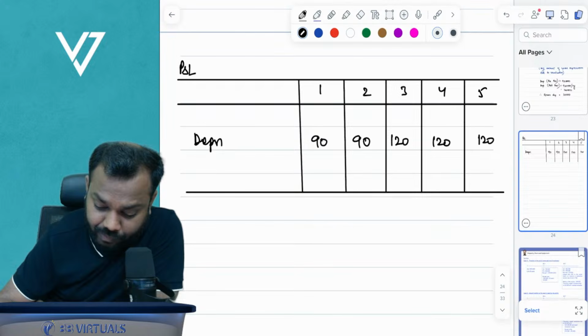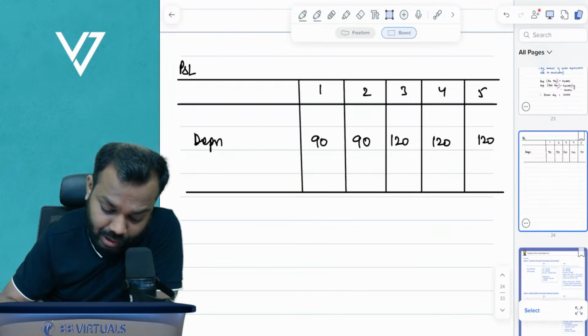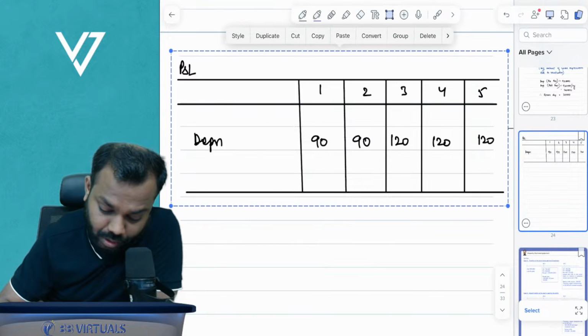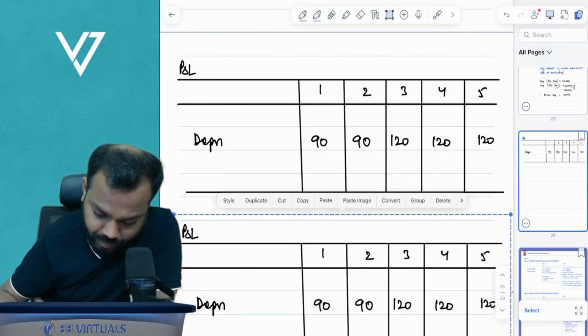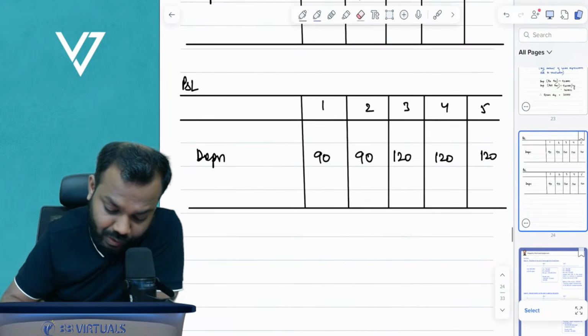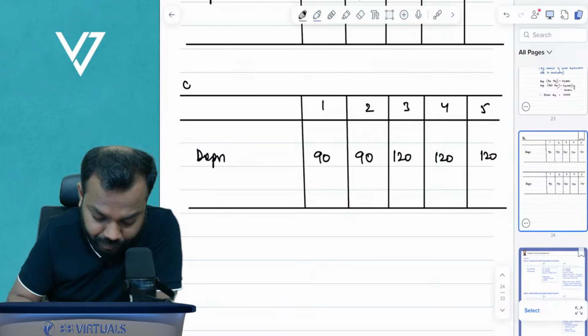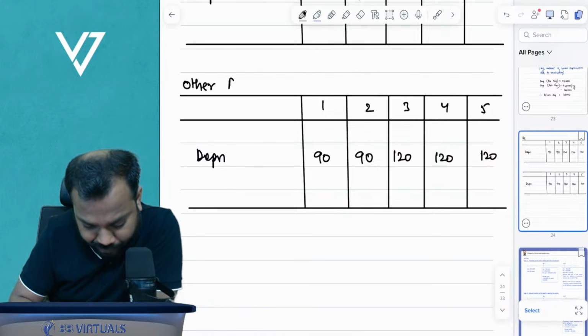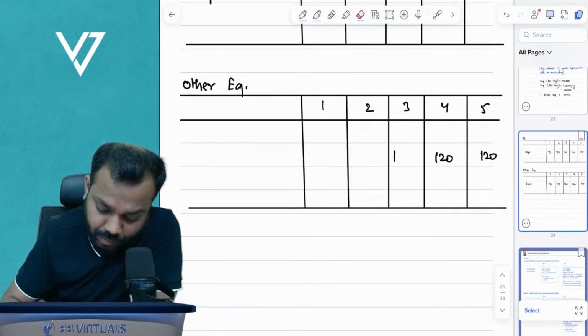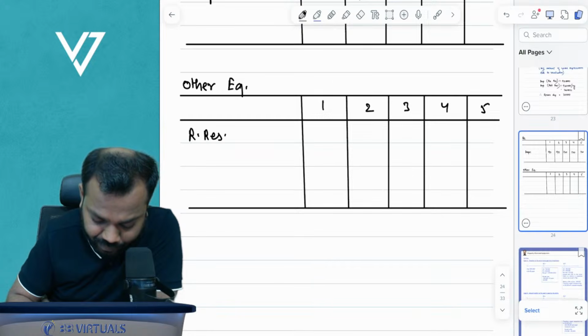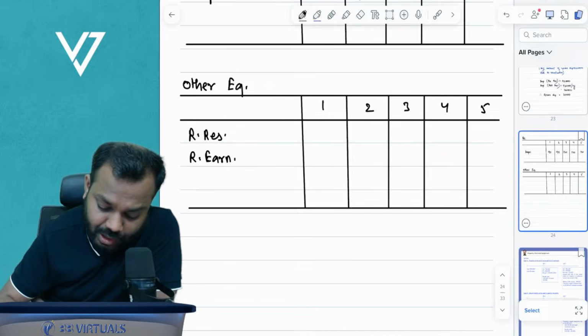The change lies in the revaluation reserve. Please understand, under other equity: revaluation reserve and retained earnings. Year first nothing.